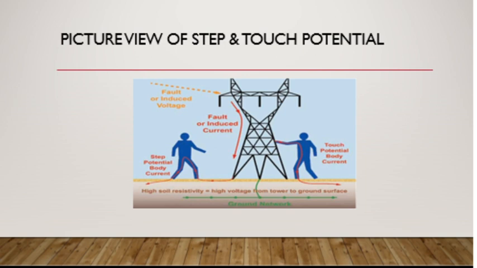As you are seeing the video, on your left hand side, the person or the human being who is standing, you have to consider it to be you only. Let's suppose that there is a fault or induced voltage. Fault induced current is taking that red path, taking the path of that chain link fence structure, and it is entering inside the ground.